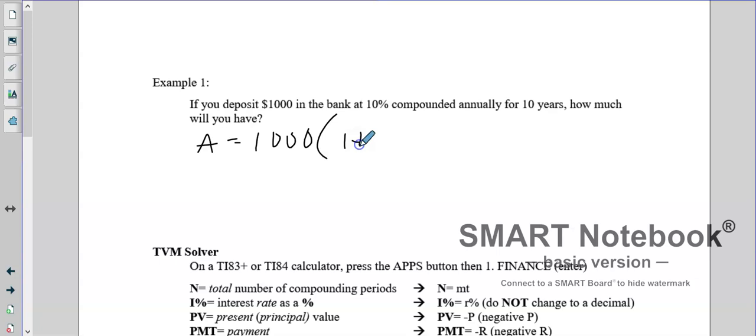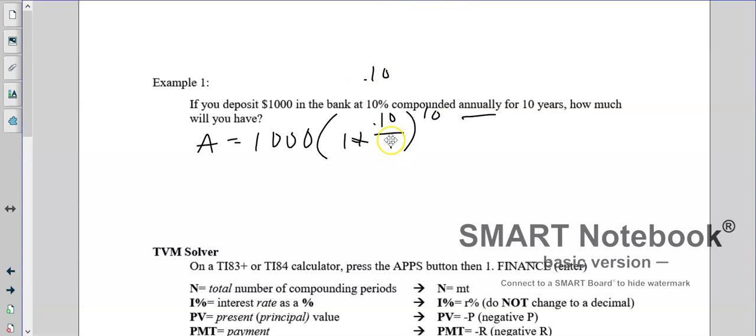So 1 plus, now remember, 10% is 0.10. Don't forget that. So that goes up here, 0.10. It says compounded annually. That's kind of easy. That's only 1 for 10 years. Okay, so kind of simple.